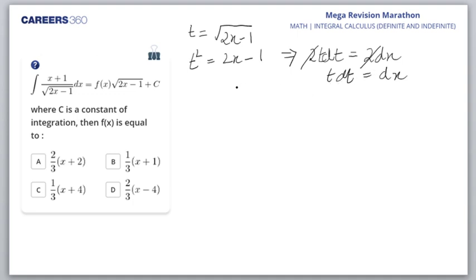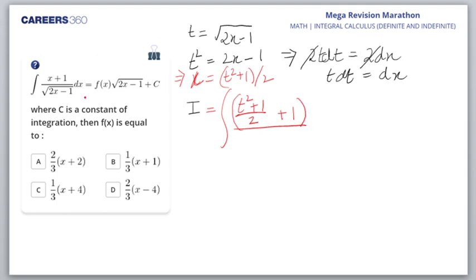Okay. So here we have the integral, let me denote it by I. So I have x here. I'll substitute x from here. x is (t squared plus 1) by 2. Am I right, students? So I'll substitute (t squared plus 1) by 2, and plus 1 is also there in the numerator.